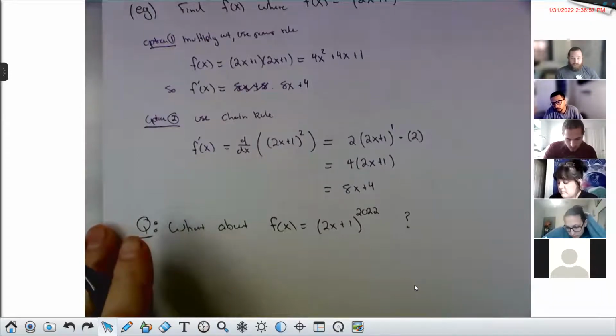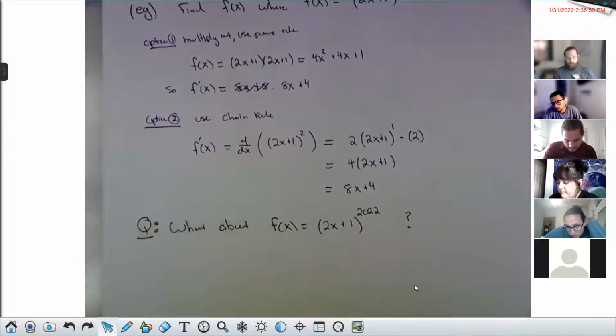Technically, you could still do it both ways. Right? Mathematicians might argue that neither is better than the other, but if you actually sit them down and ask them to compute the derivative, they're all going to use the chain rule. Why?